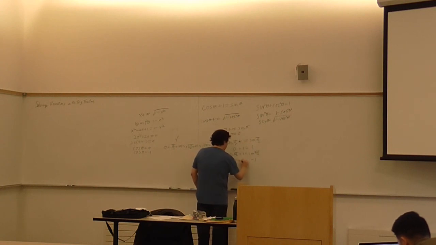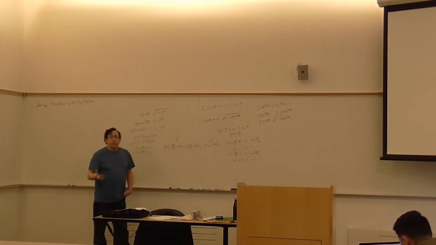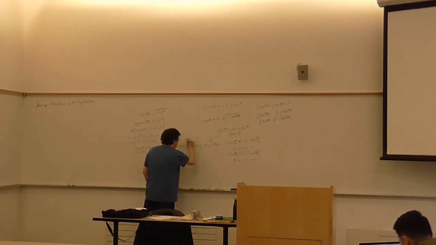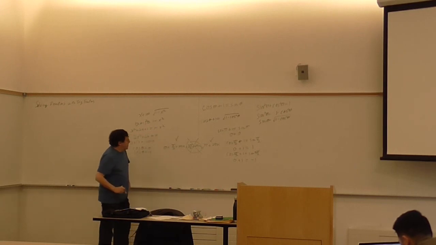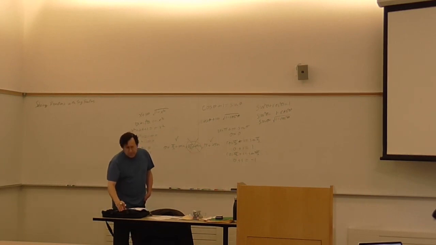So we have 0 plus 1 equals minus 1. So we introduced a phantom root. We know that this is no good. That's probably as tricky as we're going to get.